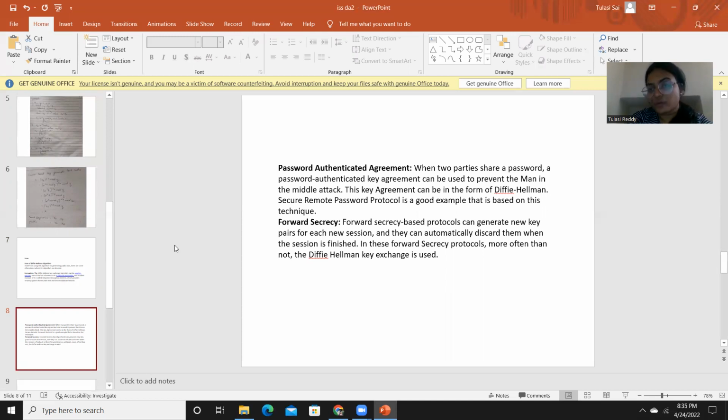So the next one is forward secrecy. Forward secrecy based protocols can generate new key pairs for each new session, and they can automatically discard them when the session is finished. In these forward secrecy protocols, more often than not, the Diffie-Hellman key exchange is used.